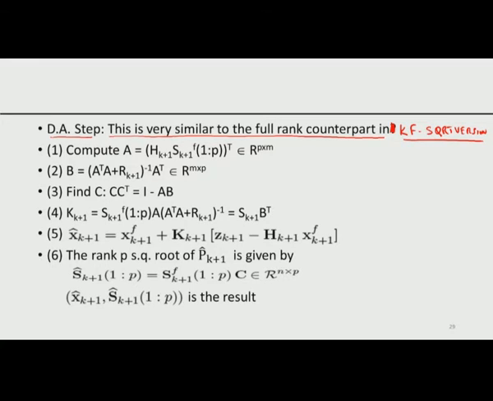So I am going to summarize the algorithm. Compute A. H is known, S_{k+1}^f is known, that is a rank p square root. Now if you make p equal to n, I get the complete full rank filter. If you pick p to be anything between 1 and n, I get the reduced rank filter. This algorithm is so beautiful. By varying the value of p, you get quite a variety of approximations.